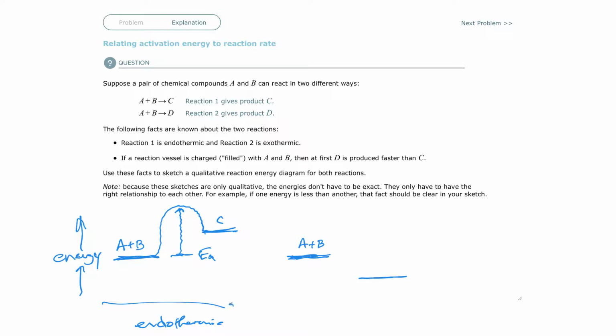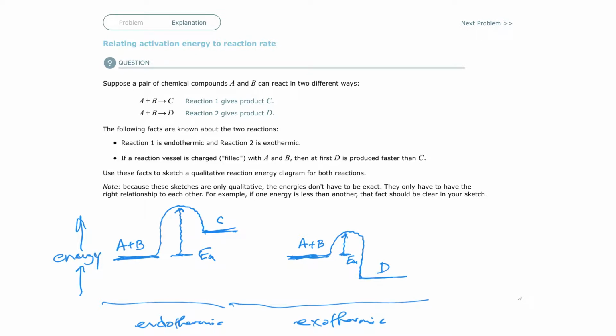Okay, so this would be exothermic, and the activation energy is that barrier between the first and the second. Okay, and your activation energy here is lower because you're not going from the bottom, you're going from your reactants up to the top of that. So this would be E sub A, and this would be D. Okay, so A plus B to D.